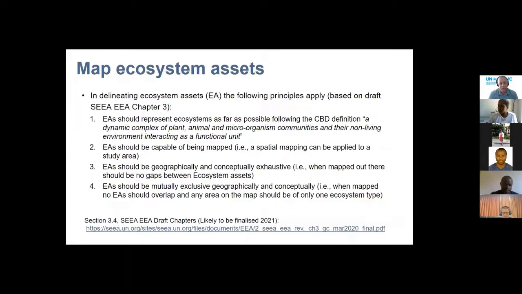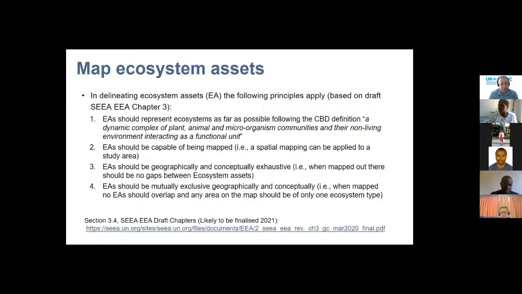The first being that the ecosystem assets that you map out, as far as possible, should be mapped out in a way that follows the CBD definition of ecosystem. So we're really looking at a dynamic complex of plant, animal, microorganism communities, and their non-living environment interacting as a functional unit.